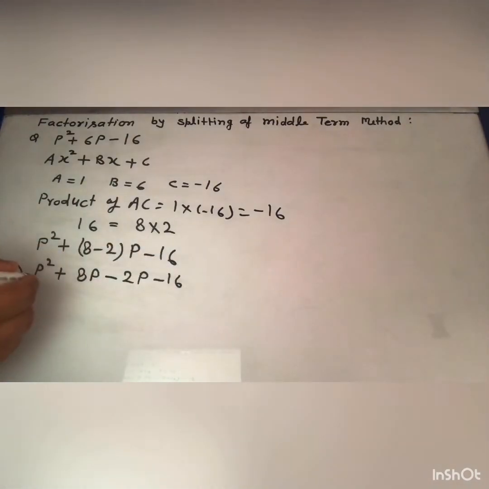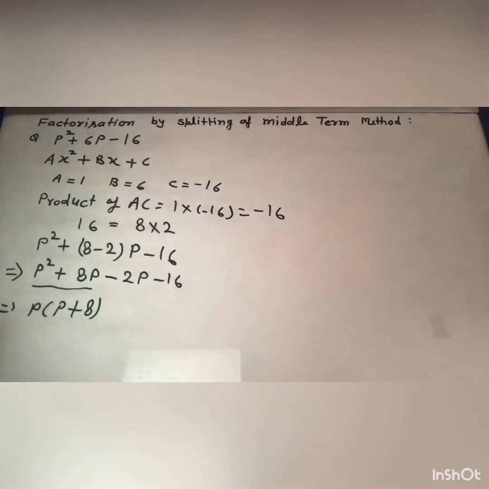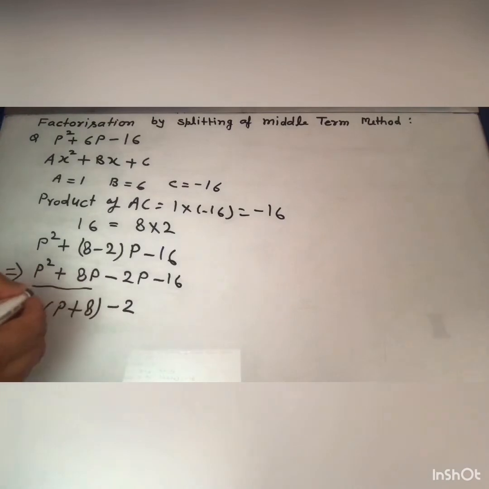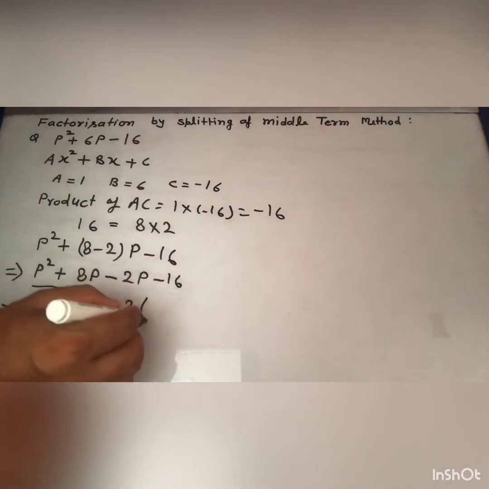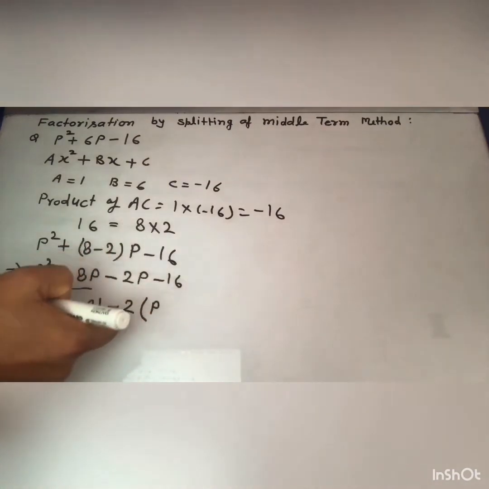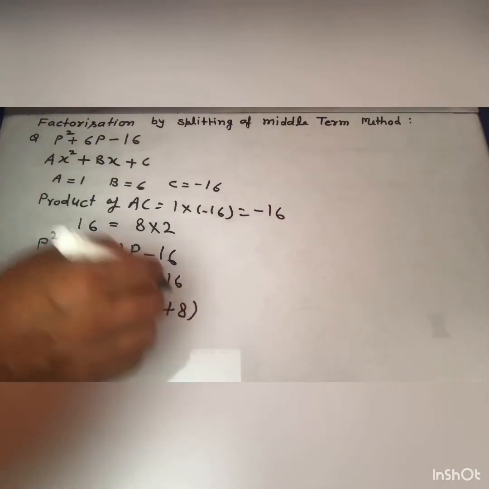Observe what is common in the first two terms. p is common, you will get p plus 8. In the last two terms you can take minus 2 common. So you will get p, and 2 eights are 16, minus is already common, so you put plus. So you will get p plus 8.